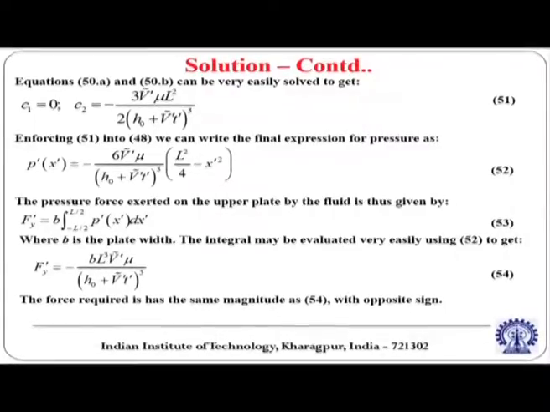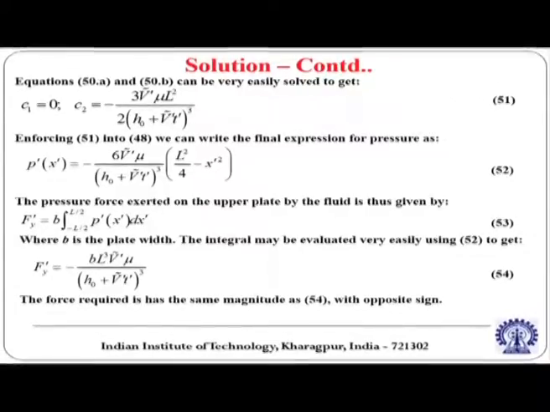The other interesting part is when V tilde is negative. Then h will decrease with time. The gap between the two plates will decrease, that is, the top plate is coming down towards the bottom plate.